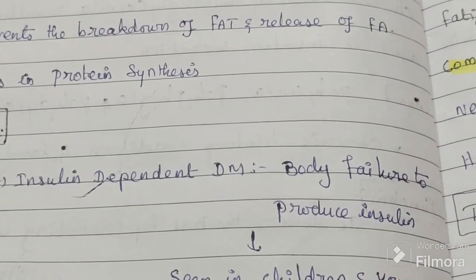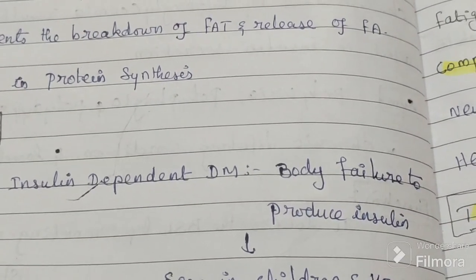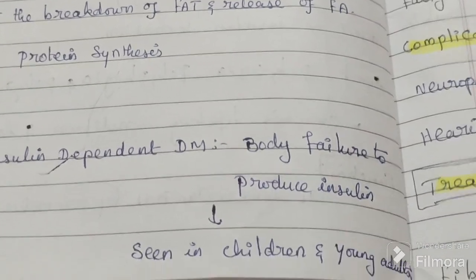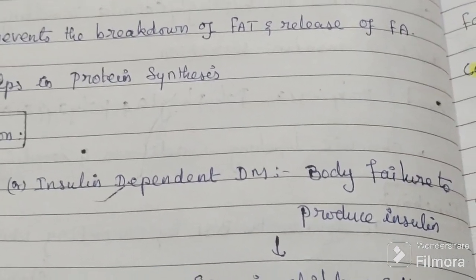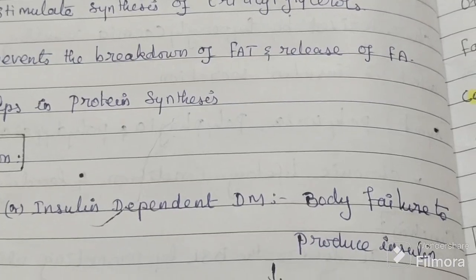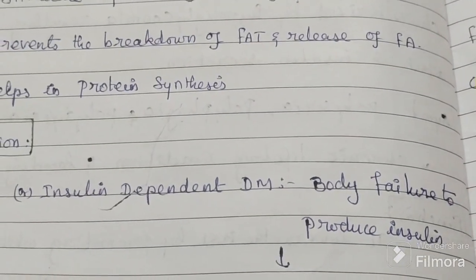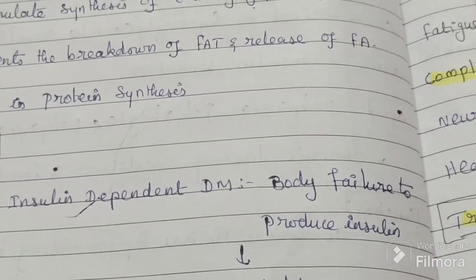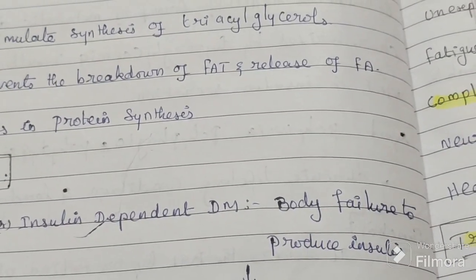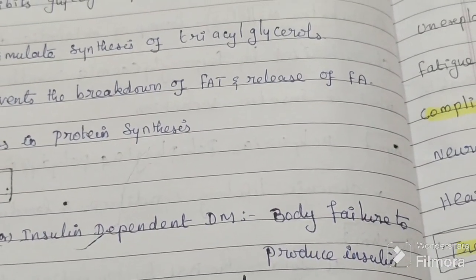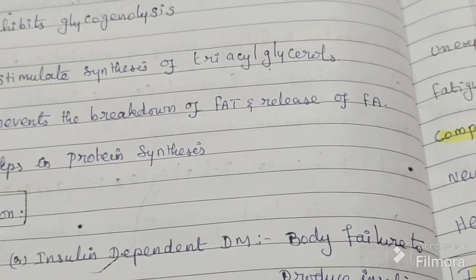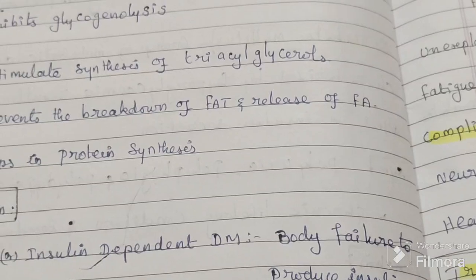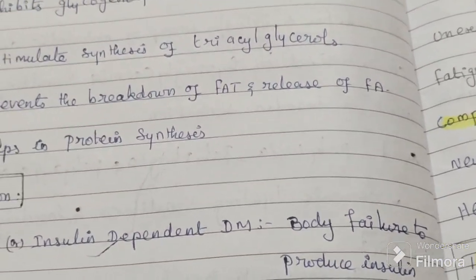The glucose is not able to enter the cell due to lack of insulin, causing the condition called hyperglycemia. It occurs due to destruction of beta cells of the pancreas due to drugs or virus or autoimmunity. It is also called juvenile diabetes. It is seen in young children.